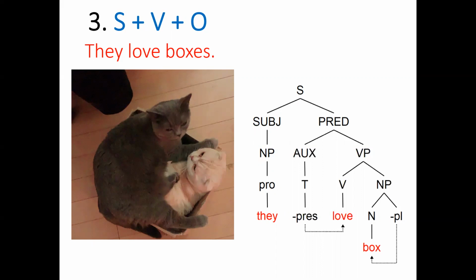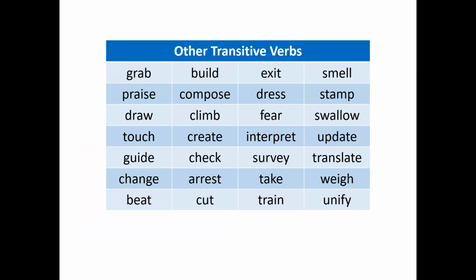Here are some other examples of transitive verbs. Please note that these verbs are not always used in transitive formulations. The verb smell, for example, could be transitive in "I can smell the grass," or it can be intransitive if it takes a complement rather than an object in, for example, "The grass smells good."